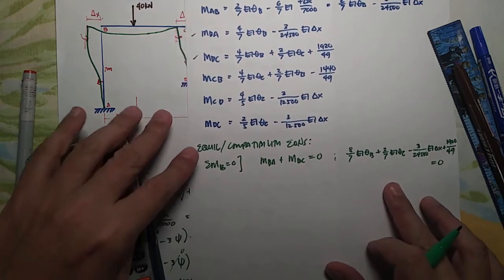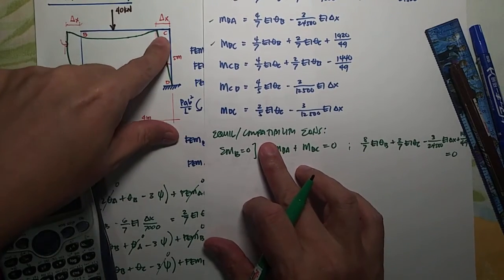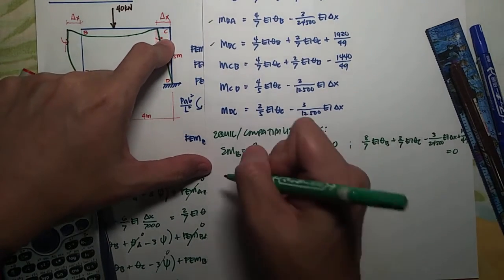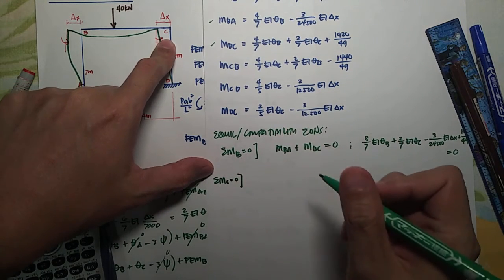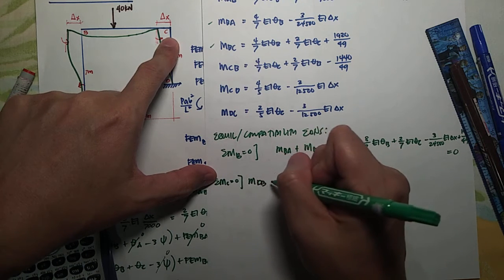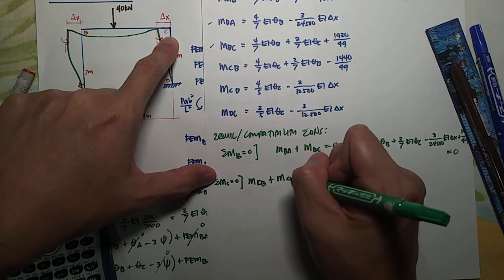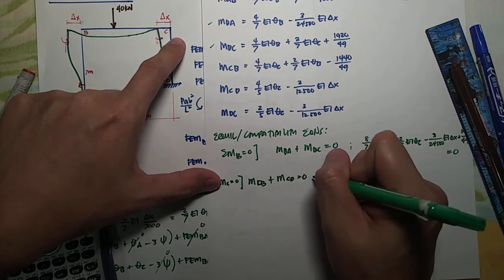Okay. So what else? What compatibility equation pa? So likewise, at joint C, diba? So if it's some moment at joint C, the summation should be also equal to 0. So that means the moment on CB, when added to the moment on CD, CB and CD should be 0.